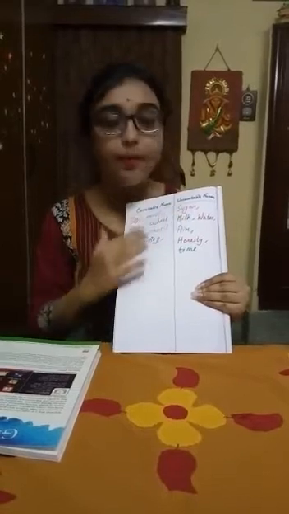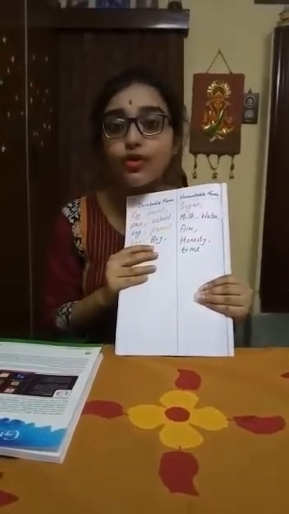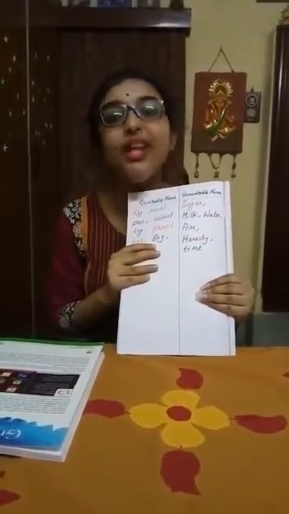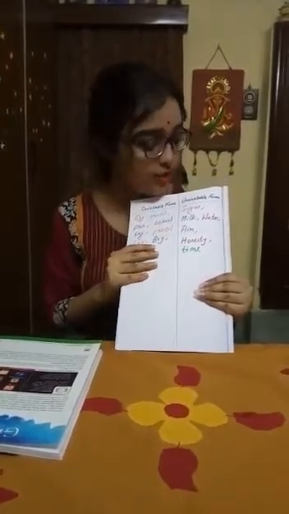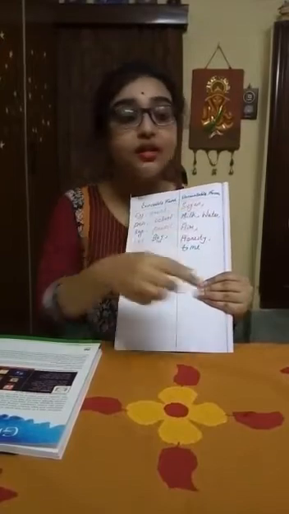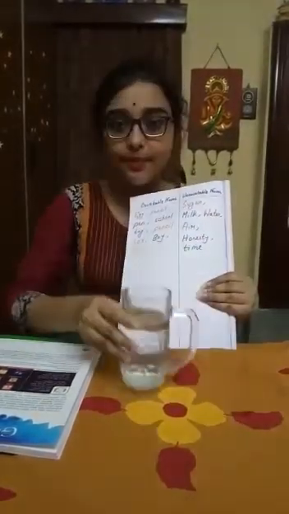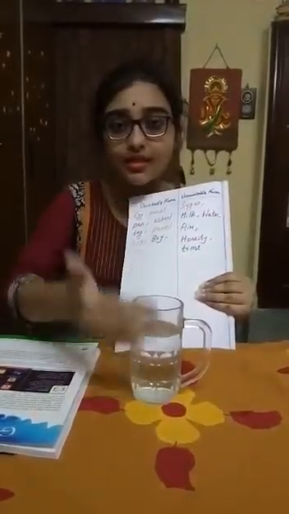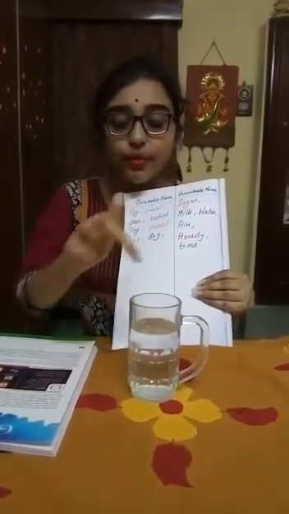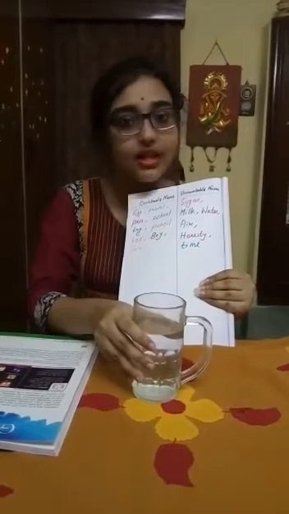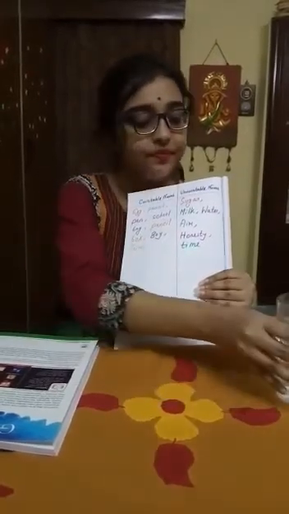Next, milk. Milk also you cannot count. The bottles of milk maybe you can count, but the milk you cannot. Water: I have just shown you the example of water. This glass contains water. This glass you can count, but the water inside the glass you cannot count.